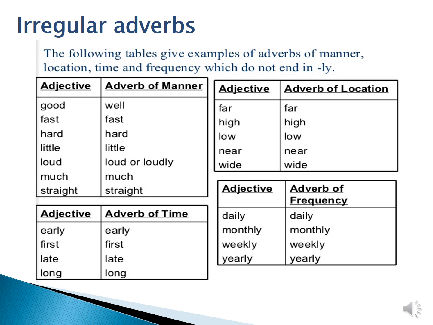For example, good, well; fast, fast; hard, hard; little, little; loud, loud or loudly; much, much; straight, straight. Another group is early, early; first, first; late, late; long, and long.